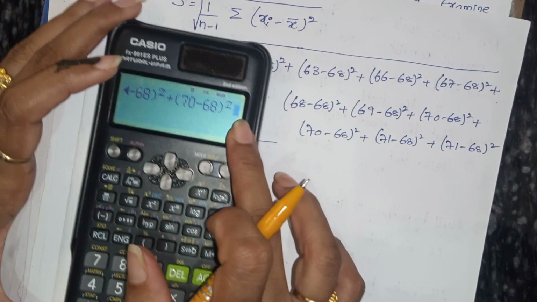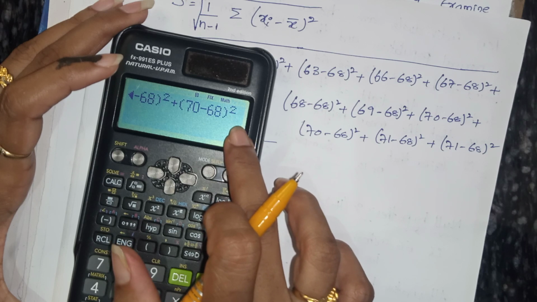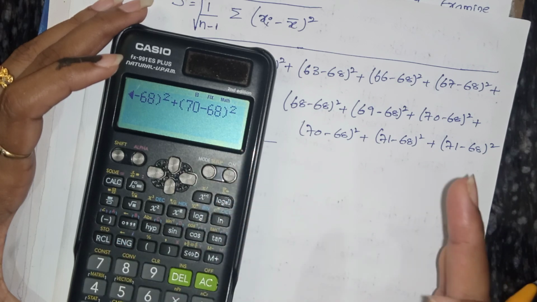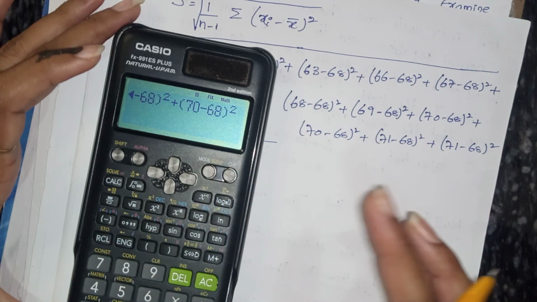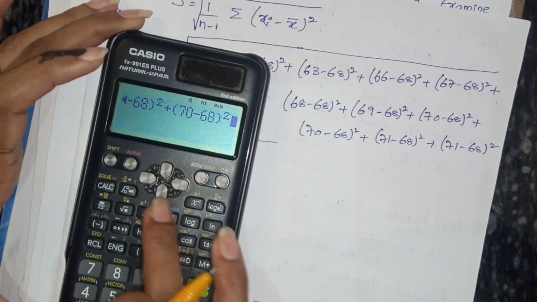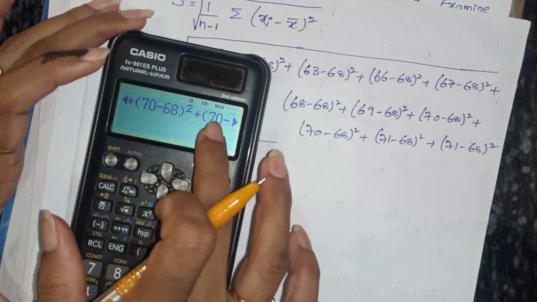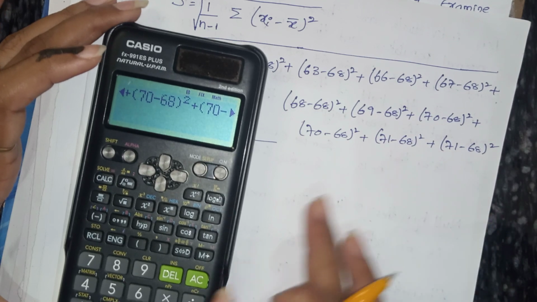So see here, we are getting this blink. If we get this blink, further values will not be accepted. So I am pressing equals to. How many 70s we have written, we'll see. So 270s completed, so both are there.